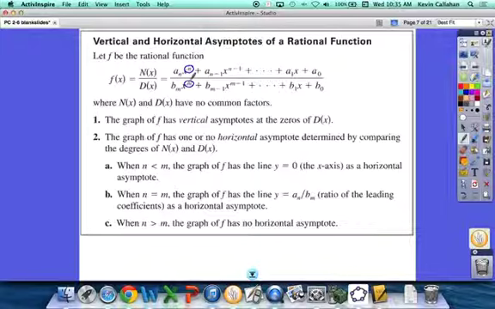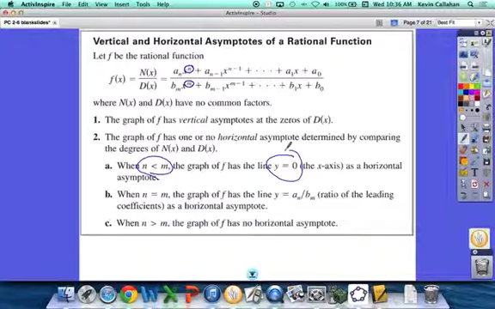For the horizontal asymptotes, there's 3 rules, right? And it depends on the n and the m. Okay. If the degree of the numerator is less than the degree of the denominator, that's this one right here, then the horizontal asymptote is y equals 0. Right?